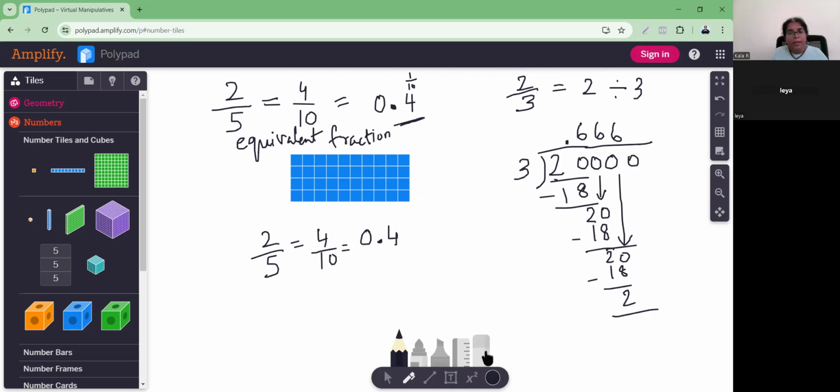6.666666. However, this is also a decimal. So 2/3 can be written as 0.66666666. This is the decimal form. We could write this fraction also. That means any fraction can be written in the form of a decimal.